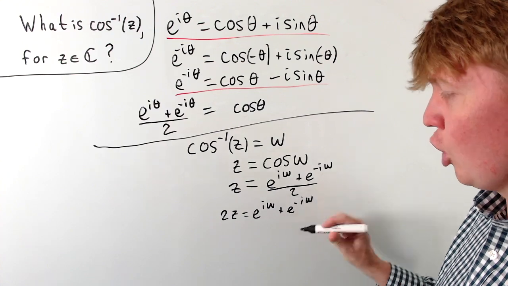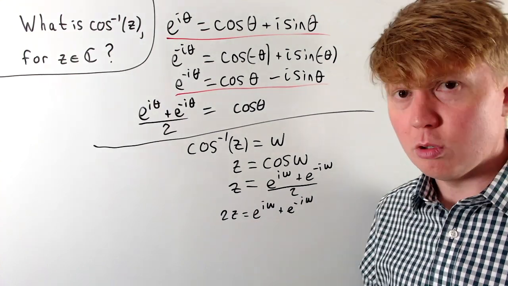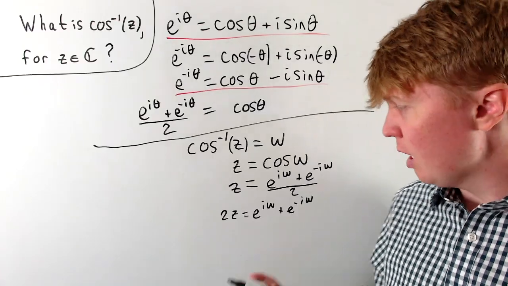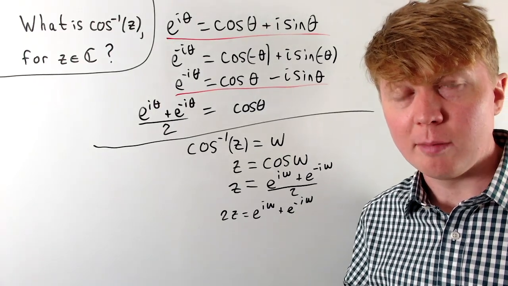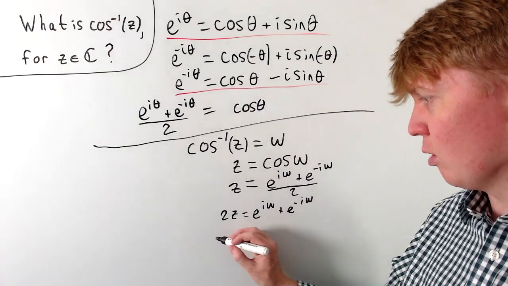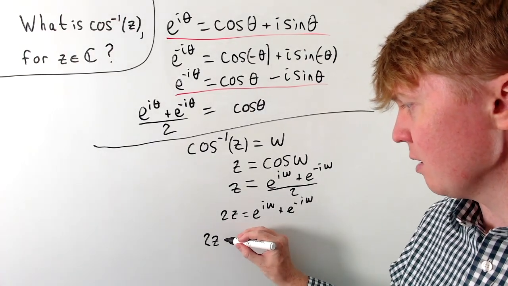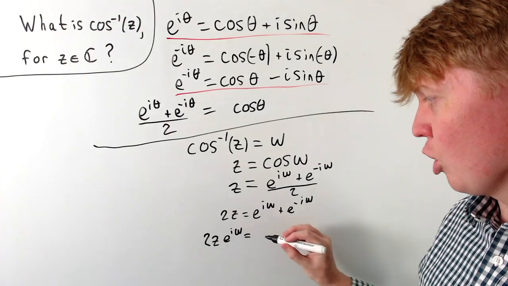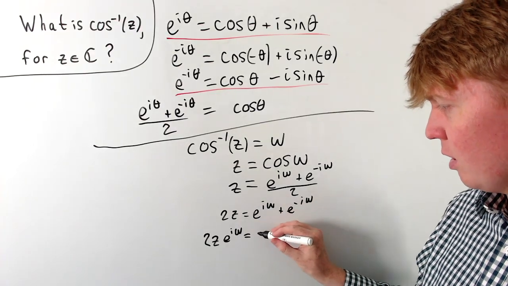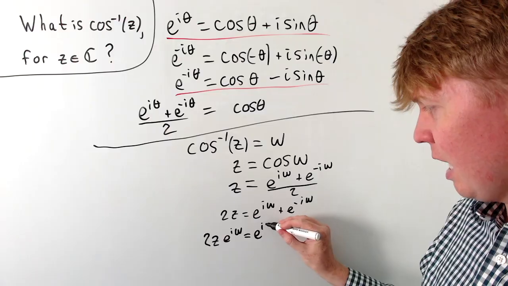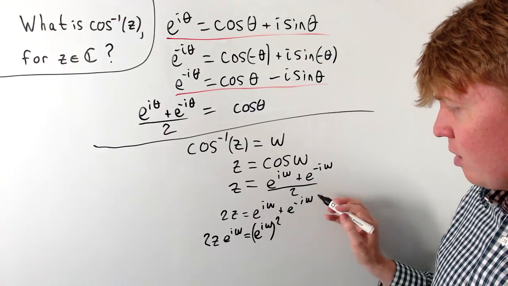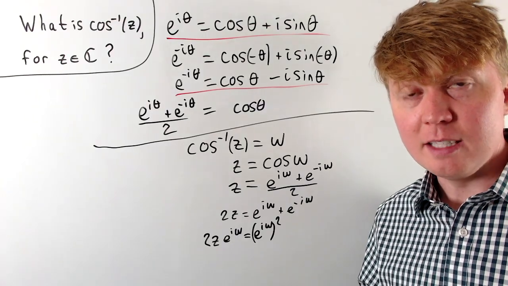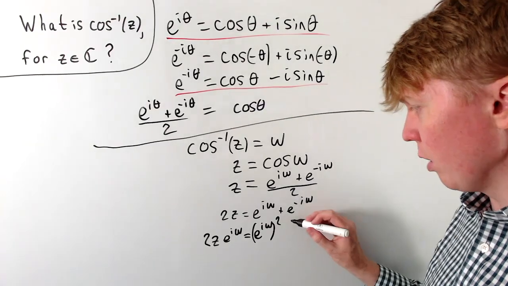And then we can actually turn this into almost a quadratic equation if we think about e to the iw as being our variable. So if we just multiply by e to the iw on both sides, we've got on the left-hand side 2z times e to the iw, and on the right-hand side we multiply this by itself, we get e to the iw all squared, and then when we multiply the term e to the negative iw by e to the positive iw, we just get 1, which is nice.